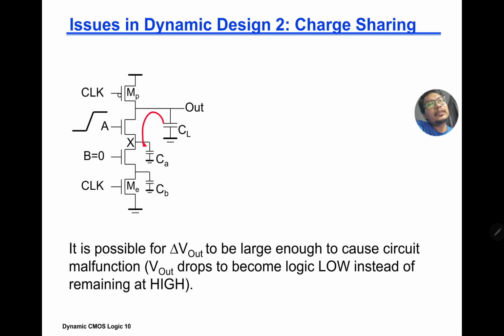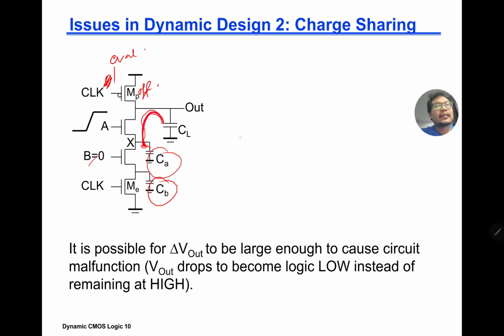So this is during evaluation, right? During evaluation your clock equals 1. This is off, this is during eval. We are trying to discharge, and we can see that it is discharging to CA, and if B is on, then it's going to discharge through CB.